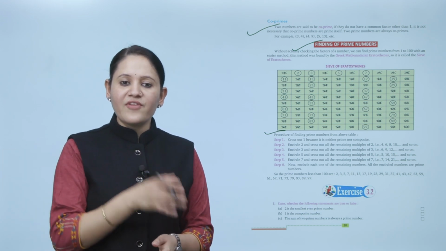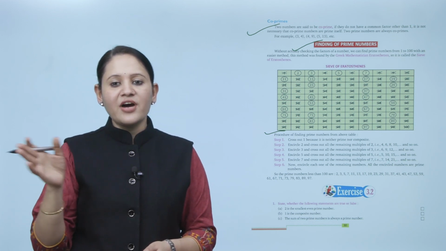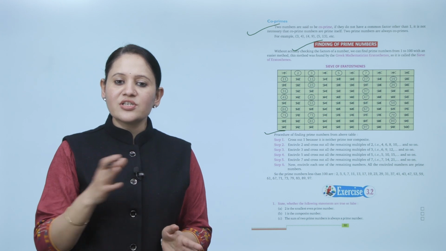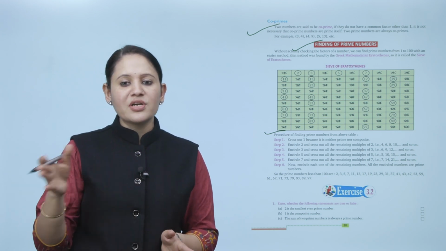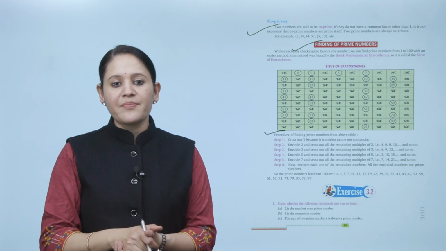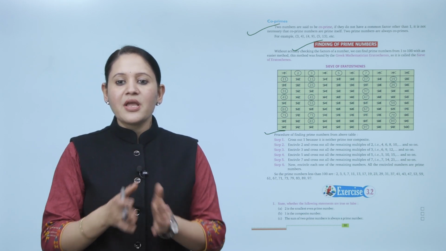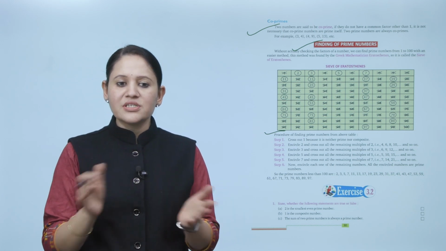Then encircle 5 and cross all the remaining multiples of 5 like 5, 10, 15, 20 and so on. Next, encircle 7 and cross out all the remaining multiples of 7 like 7, 14, 21 जितने भी multiple है उसको cross कर लेंगे. Now encircle each one of the remaining numbers. All the encircled numbers are prime numbers and the remaining numbers are composite numbers.